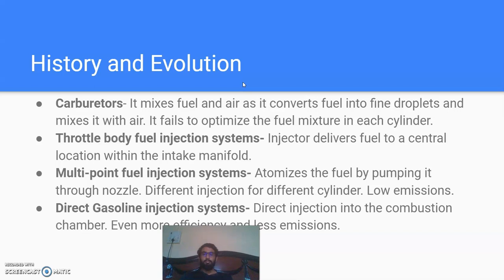After that came multi-point fuel injection systems, which use atomization of fuel by pumping it through a nozzle. Different injection for different cylinders is there, and hence there are low emissions. The next is direct gasoline injection systems, which inject the fuel directly into the combustion chamber. It is even more efficient and less emitting.